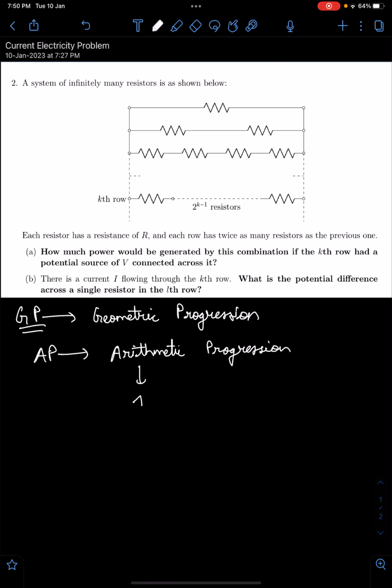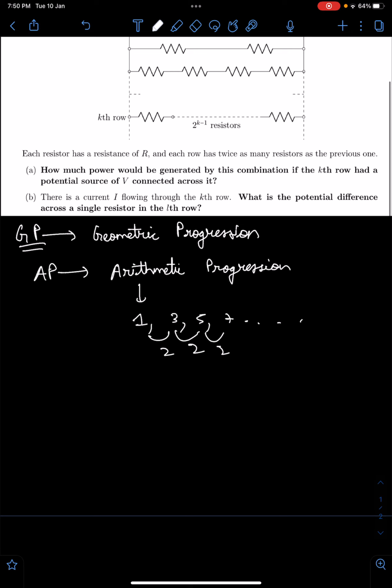So if I take an example of AP, it would be 1, 3, 5, 7, and so on. There's a common difference of 2 between each of these terms. Basically, if I add 2 to one term, I'll get the next term of my AP.